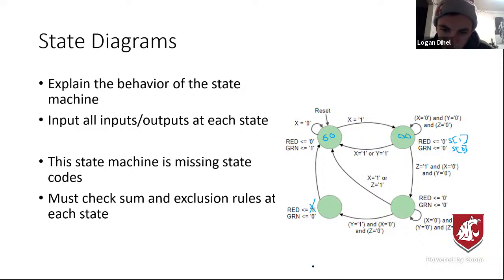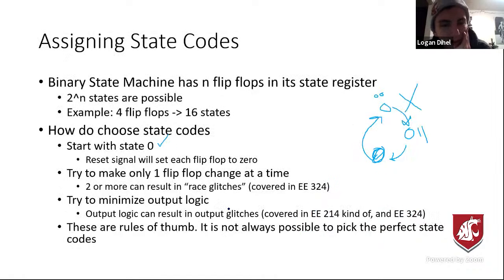Sometimes you can get away with that. Or if this was a 1, 0, then red equals state at index 1, meaning this is index 1, that's index 0, and green equals S at 0. So that's kind of a last thing though. You don't have to really do that. It's more important to do 1 flip-flop changing at a time.